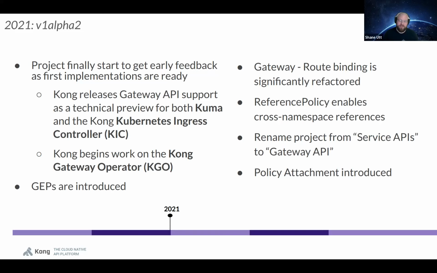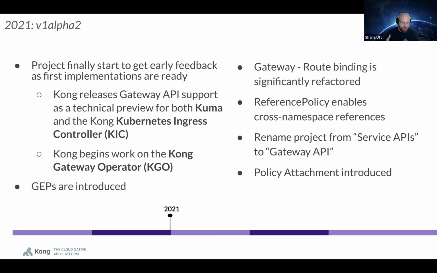And then we renamed the project from Service APIs to Gateway API. Service APIs was the SEO for that, trying to search that was insane. Gateway API is better. It's not perfect. And then policy attachment was introduced. We'll talk more about that in upcoming slides as well, but basically this deals with trying to attach policies to routes, timeout policies, stuff like that.